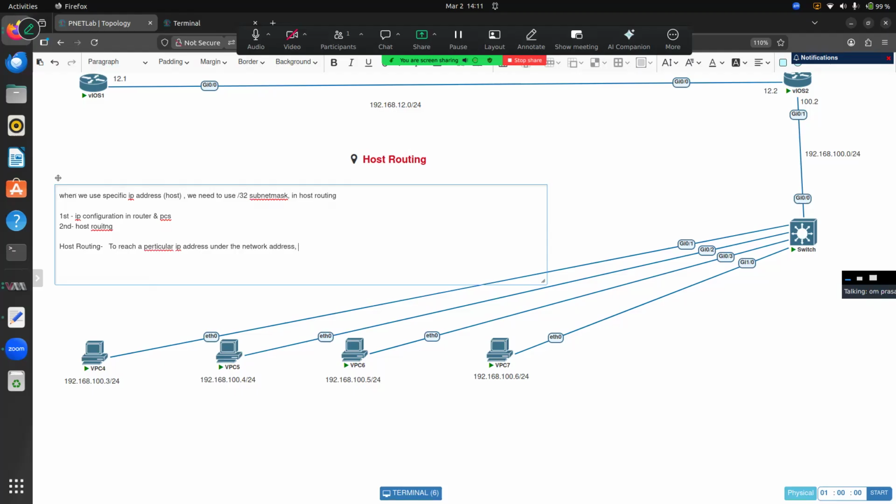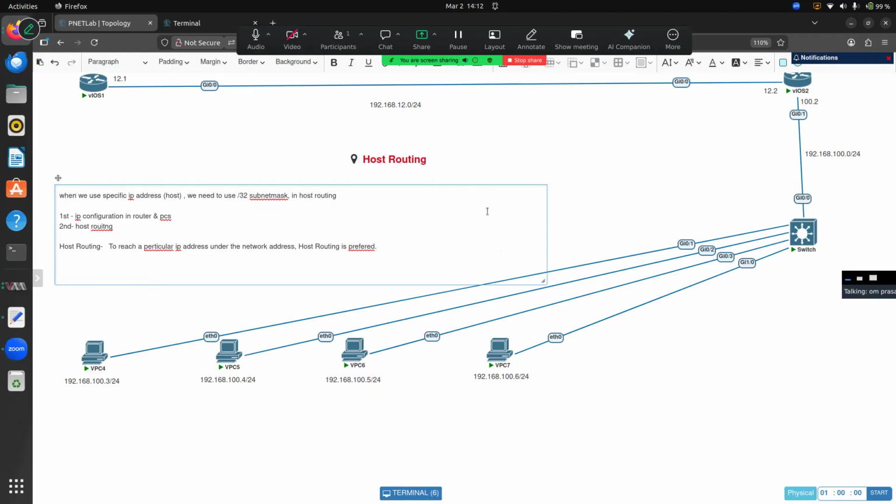Okay, host routing is preferred. This is only host routing. So in this topology, host routing is clear.